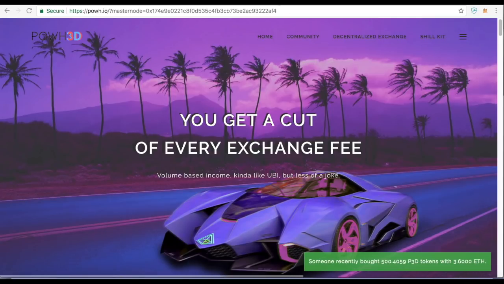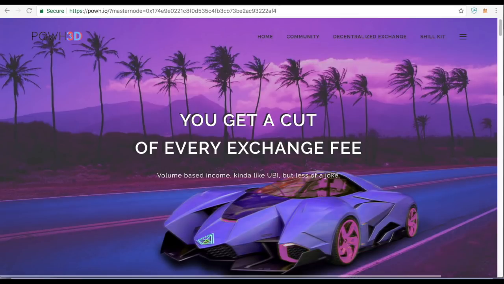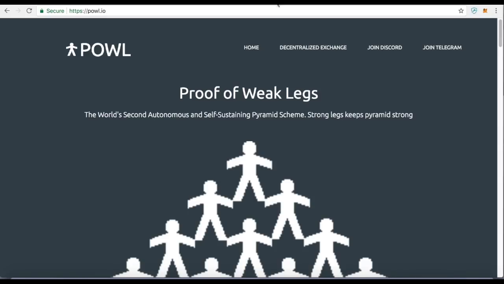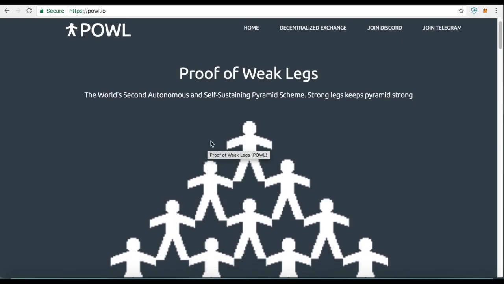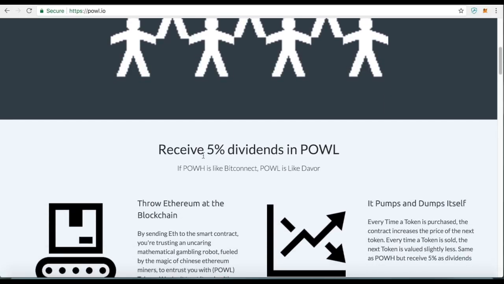I just need you to really be vigilant when you go into the cryptocurrency world. There's one out there that's Proof of Weak Legs. This is really funny. It's a complete copycat of Proof of Weak Hands. So that's L, Proof of Weak Legs, and you can see here receive 5% dividends in Proof of Weak Legs.